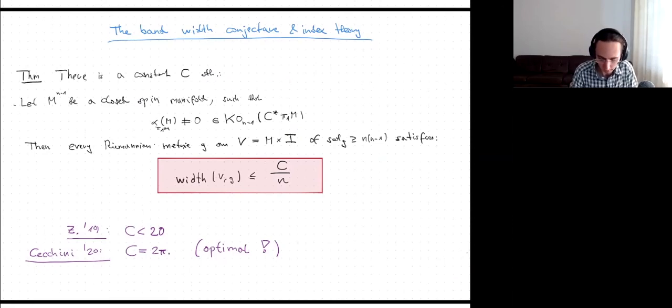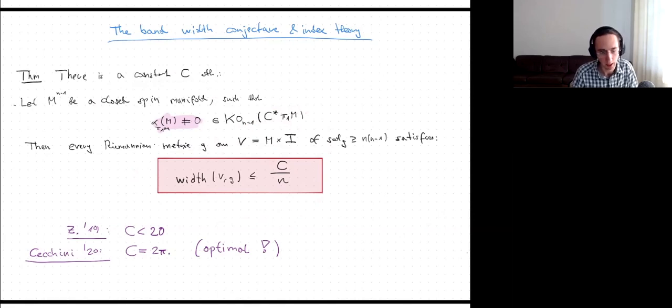The result is that there exists some constant c, and now we know it can be 2 pi, such that if you have a closed spin manifold of non-vanishing Rosenberg index, then every Riemannian metric on the band satisfies this a priori bandwidth estimate in case the scalar curvature is bounded by n times n minus 1.